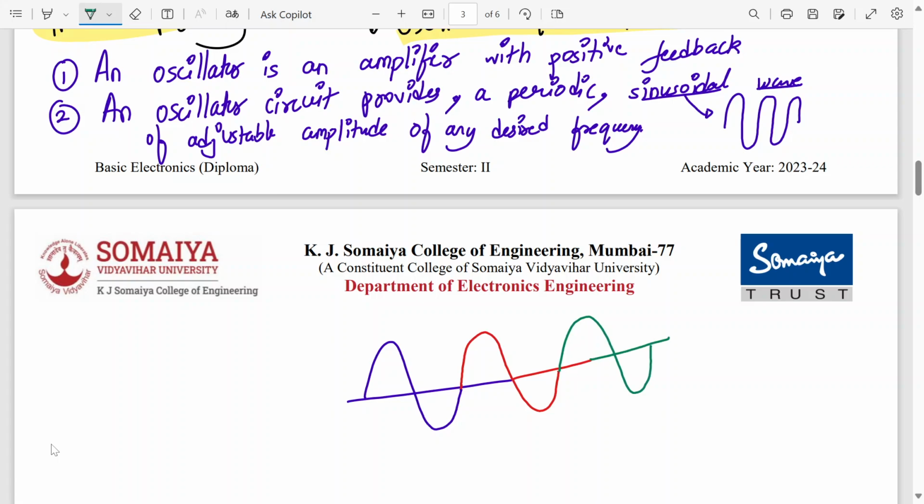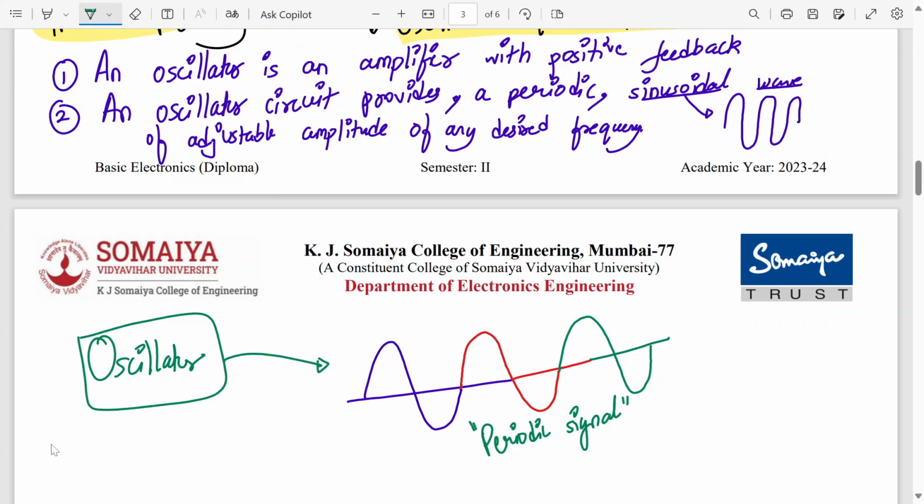So this is my periodic signal. This is normally a sine wave, right? So what does an oscillator circuit do? An oscillator circuit will generate this sine wave.